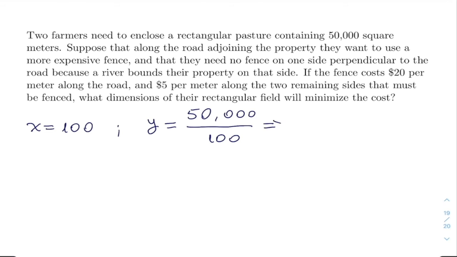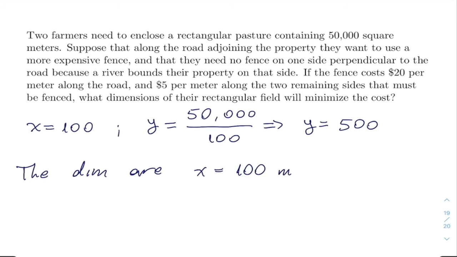So that implies that y has to be equal to 500. So the dimensions are x equals 100 meters and y equals 500 meters. Those are the dimensions that will minimize your cost.